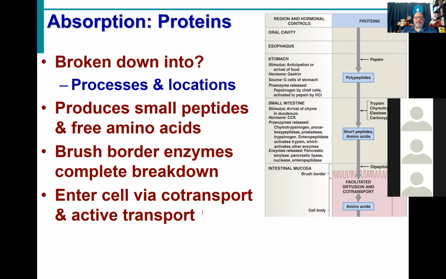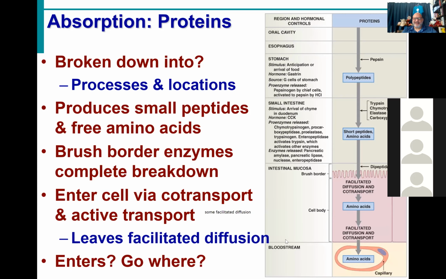So again, we're not going to stop it from coming in. Can there be some diffusion or facilitated diffusion? Yes, but what we really want to emphasize is that it is coming across the apical surface with energy. We are using as much energy as we can with both co-transporters and primary active transporters, using that active transport to get it in as efficiently as possible.